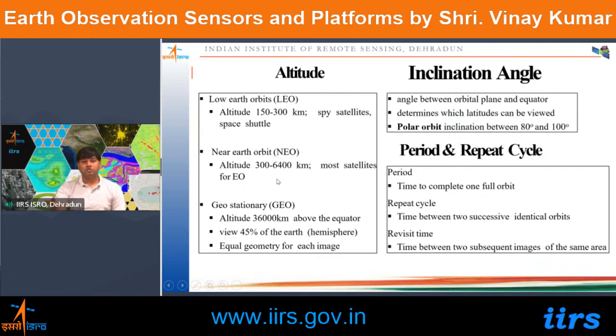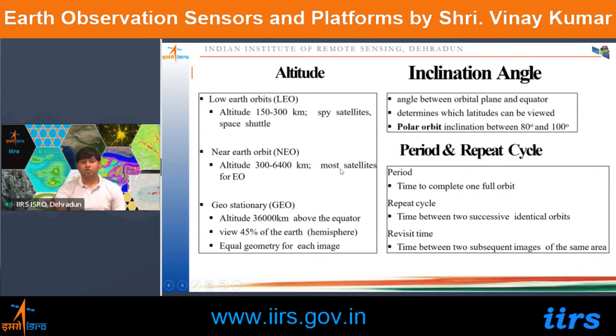Now coming to altitude. As I told, altitude is categorized into three types: low Earth orbit, near Earth orbit, and geostationary. Low Earth orbit means an altitude of 150 to 300 kilometers, which are your spy satellites or space shuttle. Near Earth orbit is an altitude from 300 to 6400 kilometers.